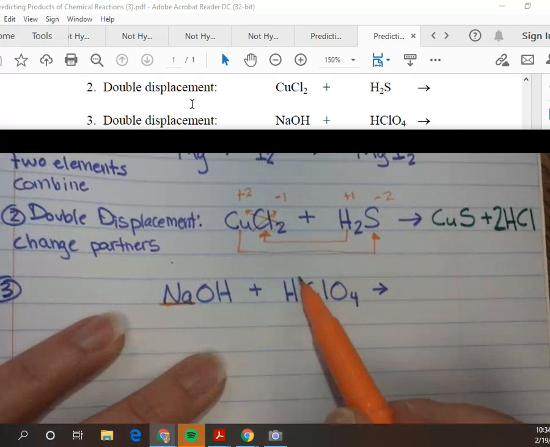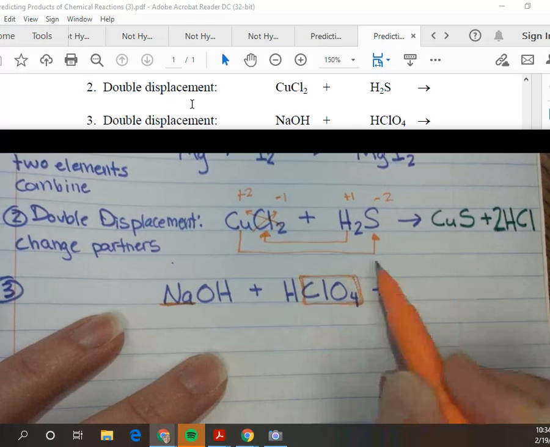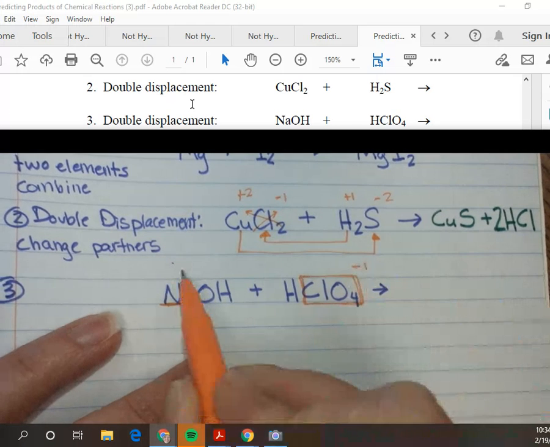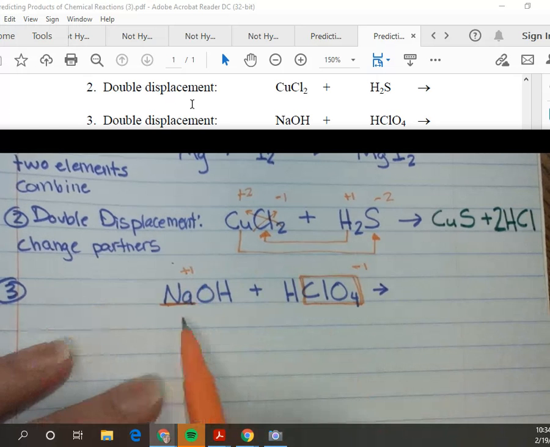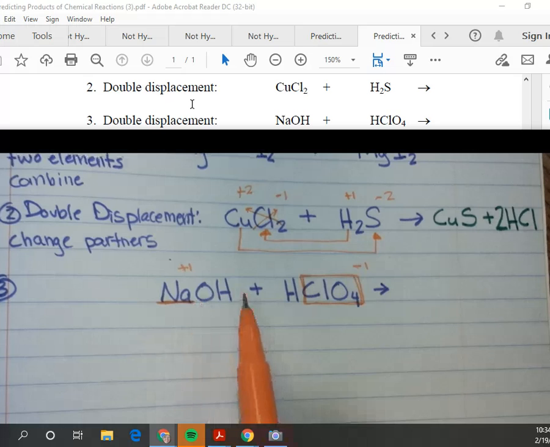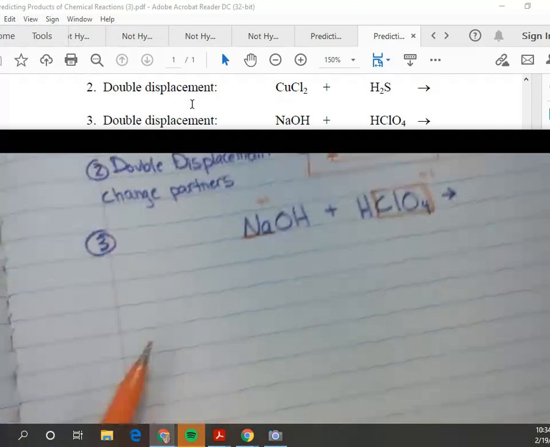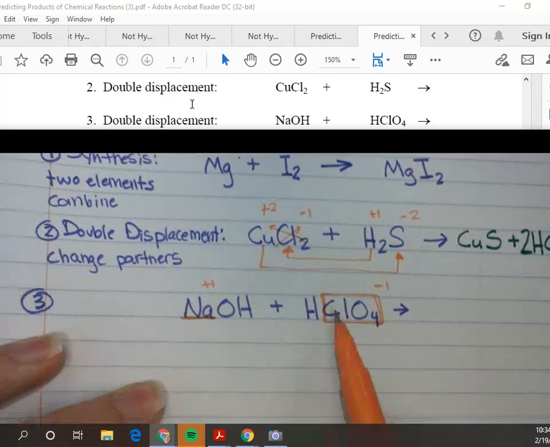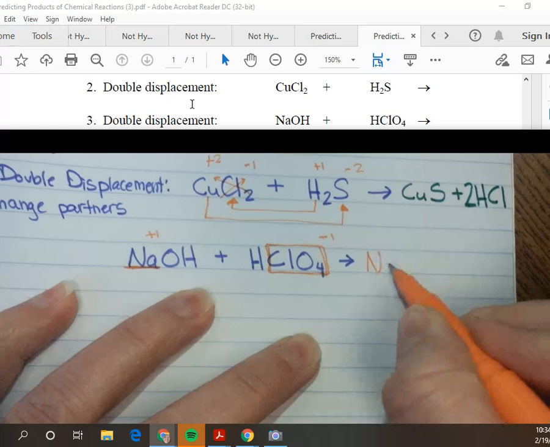So this is a polyatomic anion. It has a -1 charge. So I know that sodium has a +1 charge because that is where it's at on the periodic table. Okay. So there's my first and my last. I'm going to come together and make sodium perchlorate.